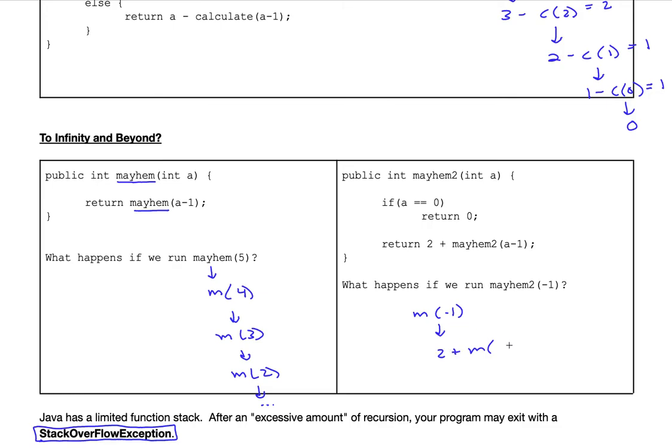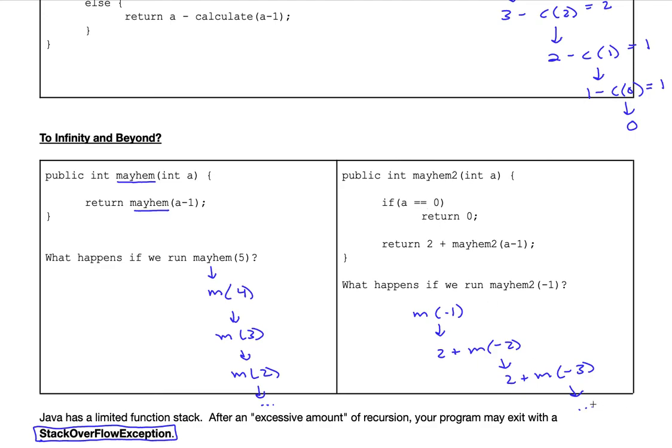Sorry, yeah, -2, right? Because my input had been -1. So I'm calling the function now with an input of -2, which once again misses the base case and is going to do 2 plus mayhem of -3. And unfortunately, this is going to go for a really long time because this base case 0 is just going down, it seems like forever.